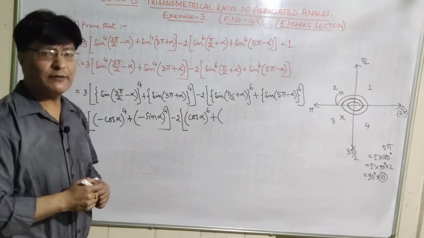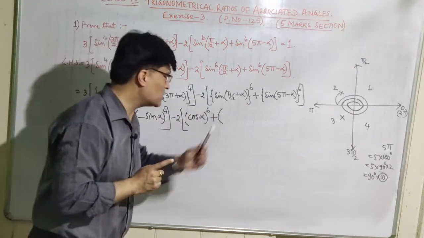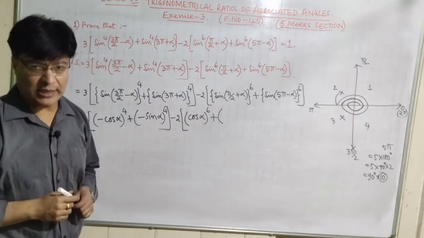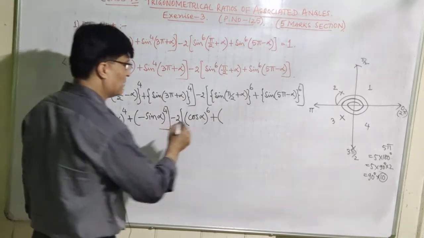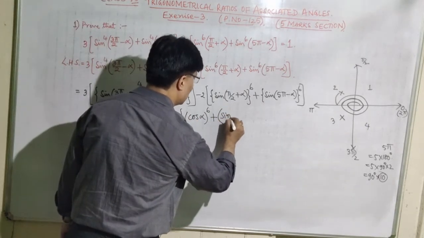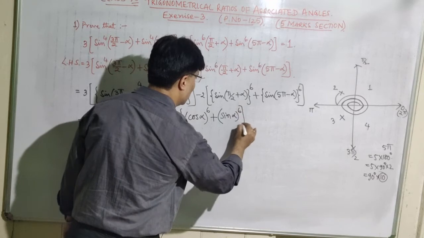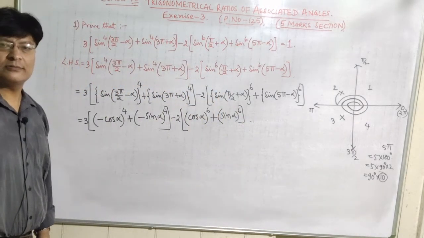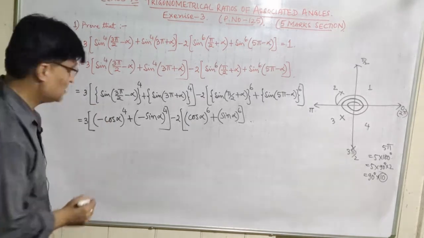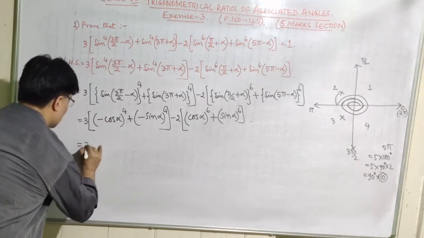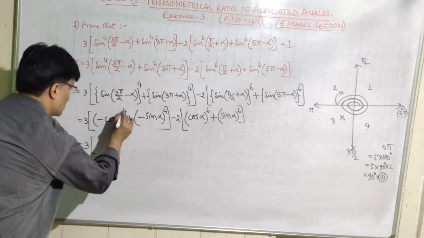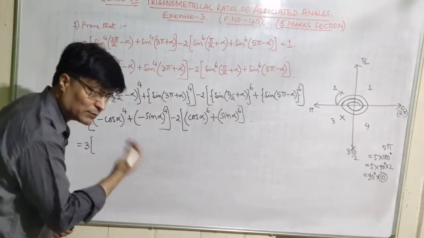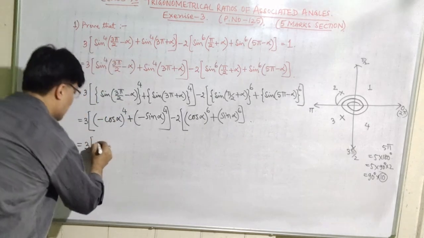If it is an even multiple of 90, trigonometrical ratios do not change. So sine remains the same. So it is sine alpha whole to the power 6. Is that understood now? So we have simplified it. Which is equal to 3 within third bracket, minus whole to the power 4. An even number of times minus is multiplied, so it is plus.